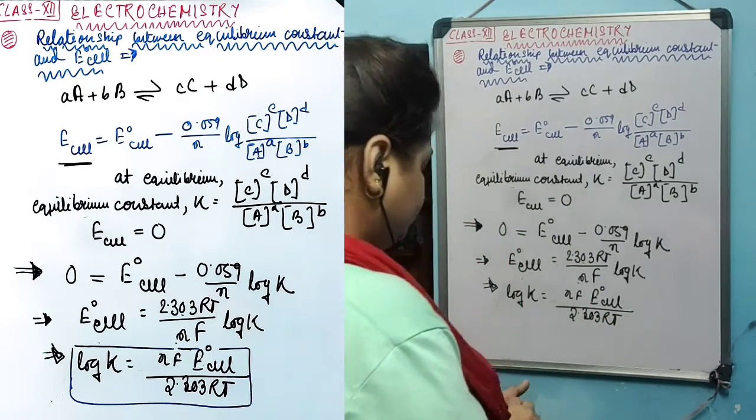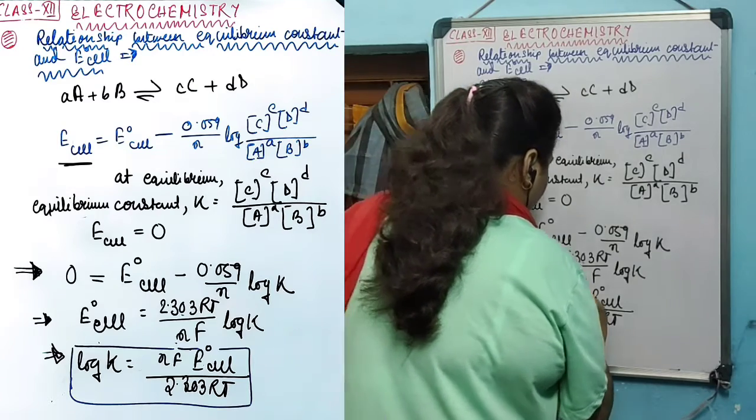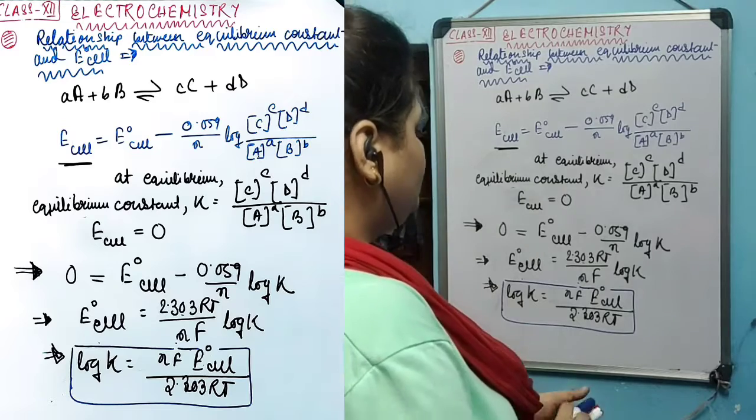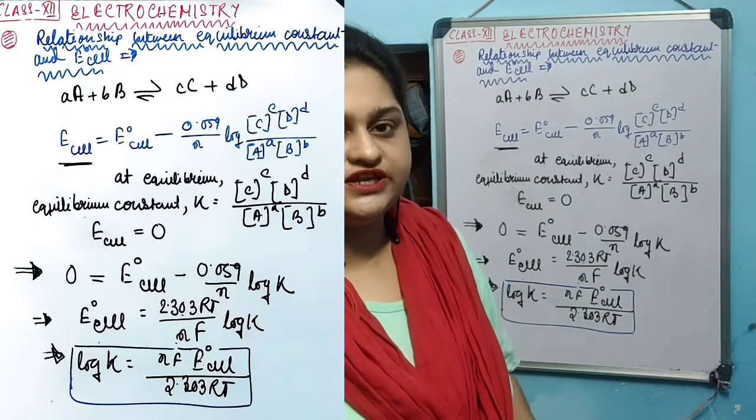This is the expression that relates the equilibrium constant of the cell reaction at equilibrium with the E cell of the reaction, the E naught cell of the reaction.